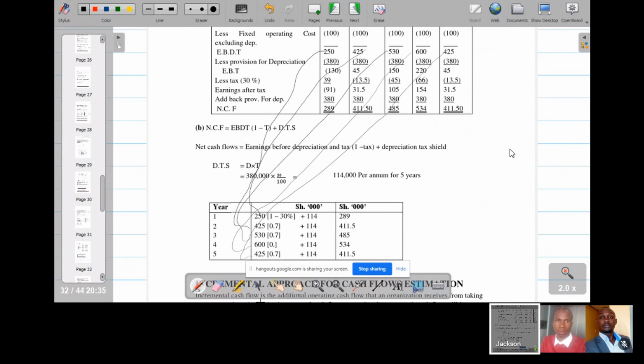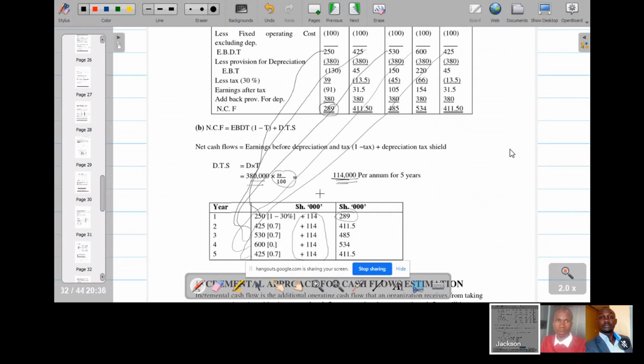So you multiply with the tax, and you now be able to get the same answer here. It's clear? Which is now depreciation multiplied by the tax rate. It gives you 114 per annum for the 5 years.